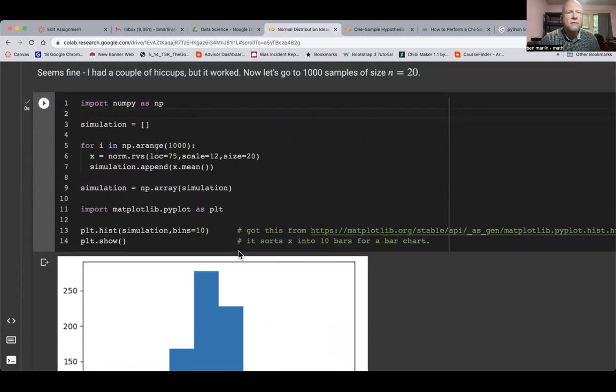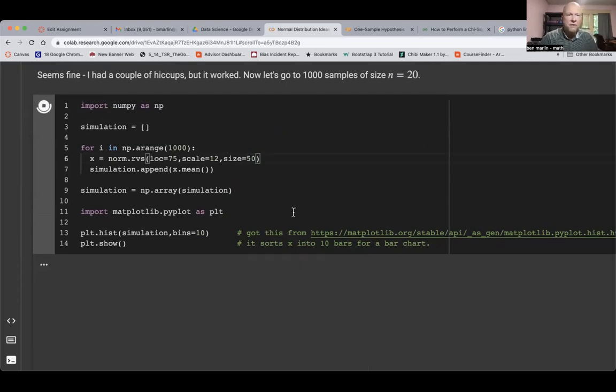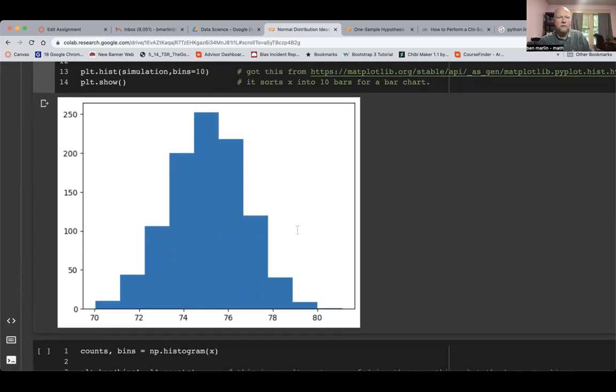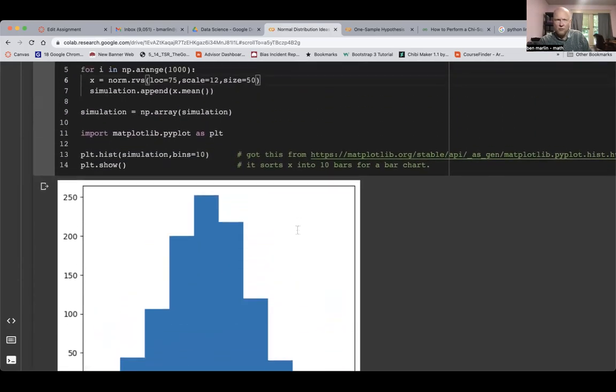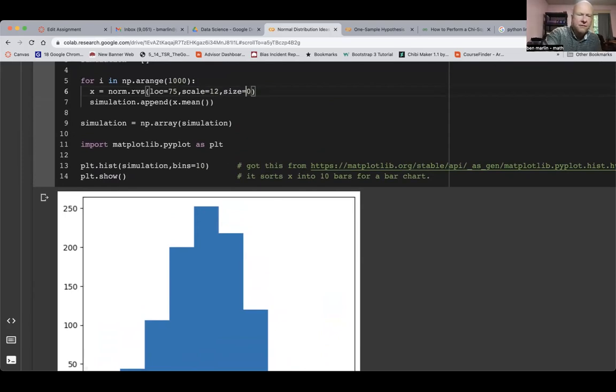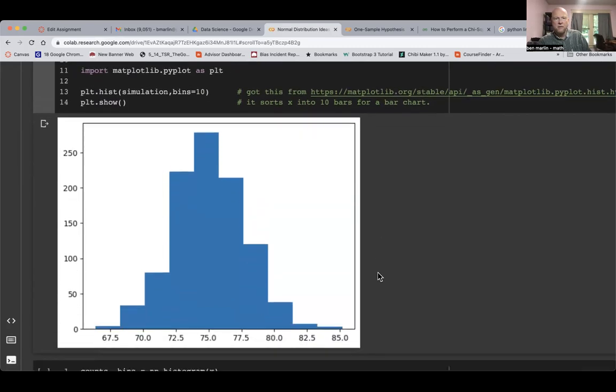In fact, if I go up here and change my sample size to 50 instead of 20, you'll see that it tends to get a little more like a normal distribution. But the thing we're working with had 20, so we'll be satisfied with that.